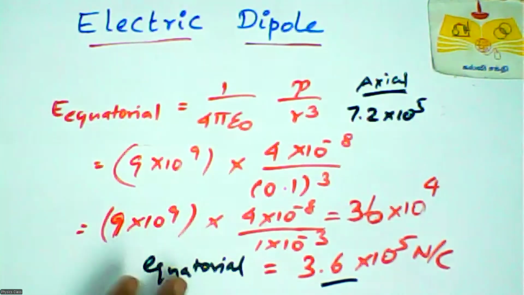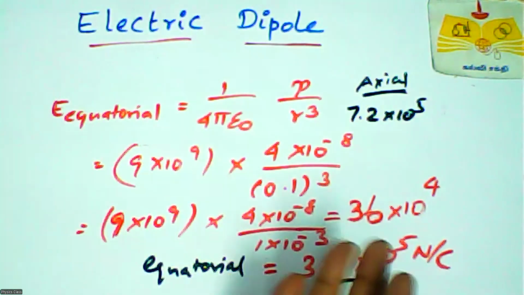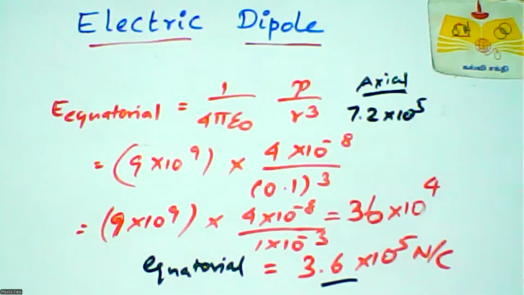Let's discuss. Can a couple of you volunteer to explain the key difference between the electric field formula for the axial and equatorial lines? What did you notice in our problem solving? You can unmute yourself or use the chat box. Can you see any difference in the electric field formula for the axial and equatorial lines?